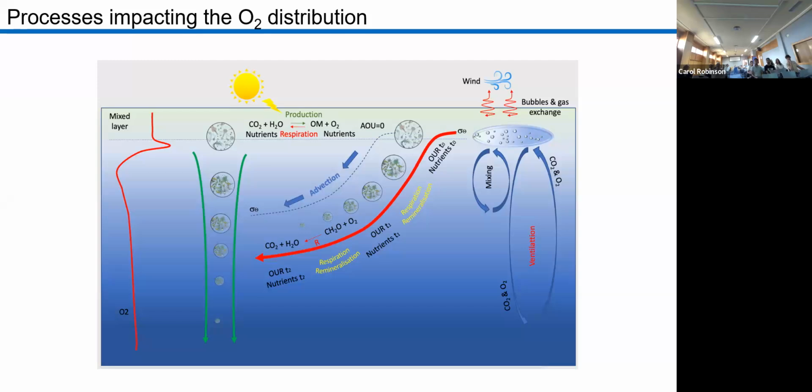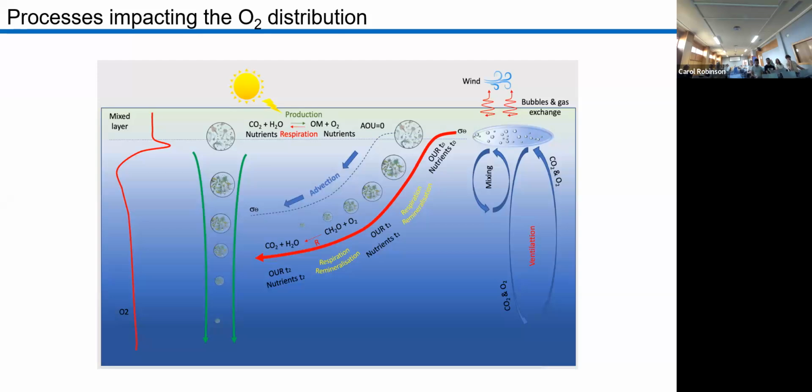The other process affecting the oxygen concentration at the surface: you have photosynthesis and production. The net community production is setting the level of oxygen through the biology available to the mixed layer.